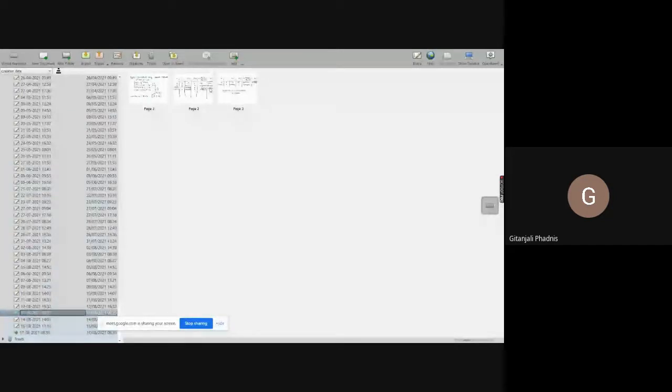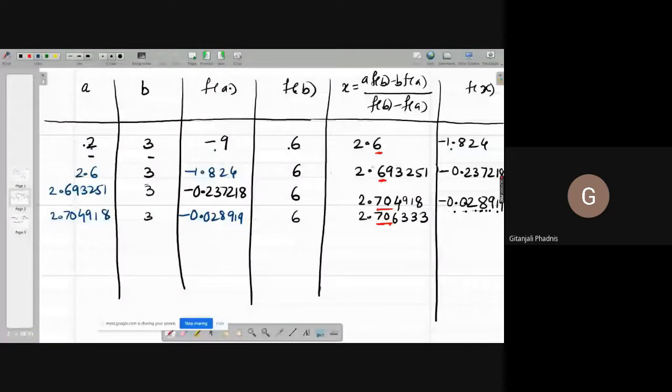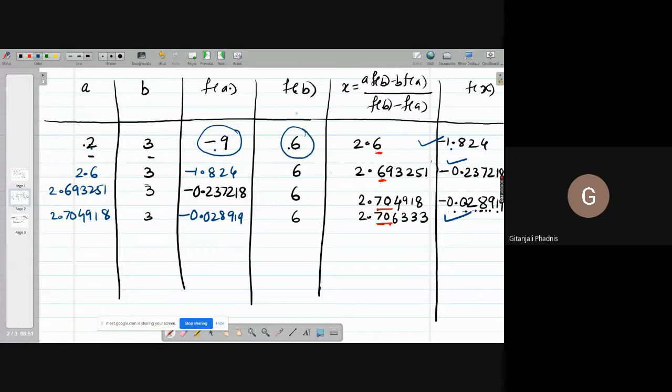If you remember this, see, this was our Regula-Falsi. Are these answers going towards 0? Look at the function values: here the function value is -9, 6. They are very far from 0. But when you get better and better approximations, your function's value goes closer to 0, -0.02.